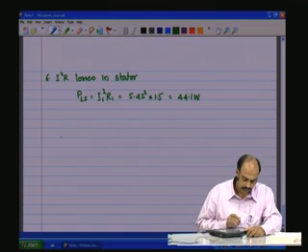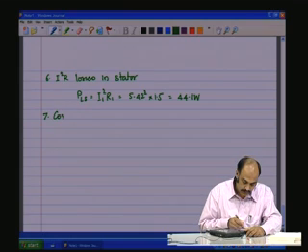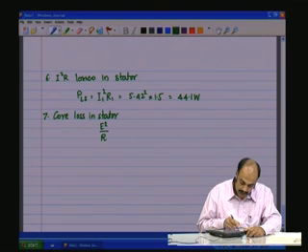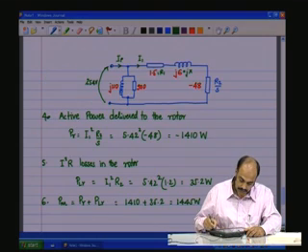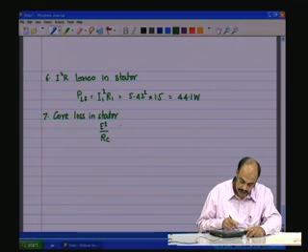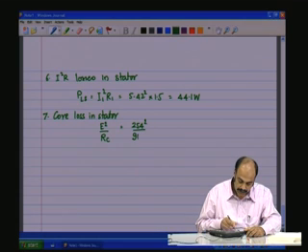The stator core losses are given by E square by RC, which is 254 square by 900 ohms, and that is equal to 71.7 watts.